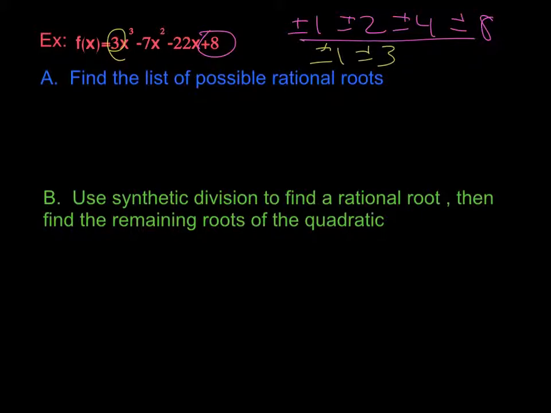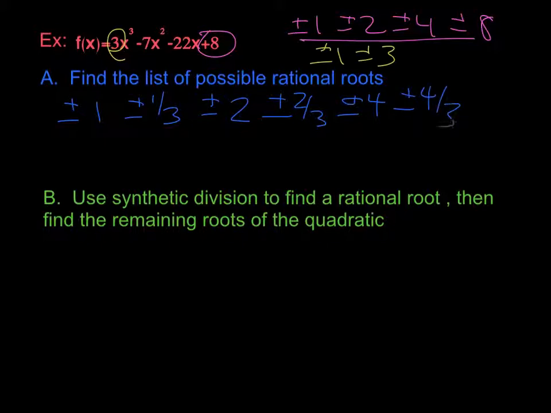So my list of possible roots are going to be plus or minus 1 divided by 1 is 1, 1 divided by 3, 2 divided by 1, 2 divided by 3, 4 divided by 1, 4 divided by 3, 8 divided by 1, 8 divided by 3. So as you can see, we have a long list of numbers to try from.